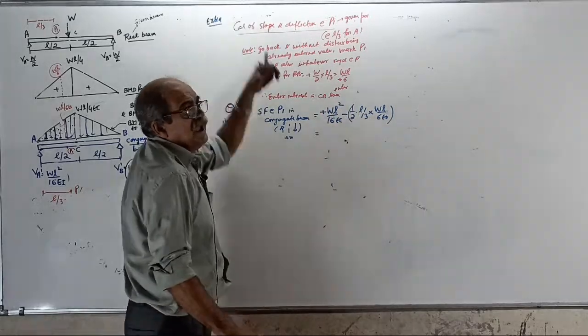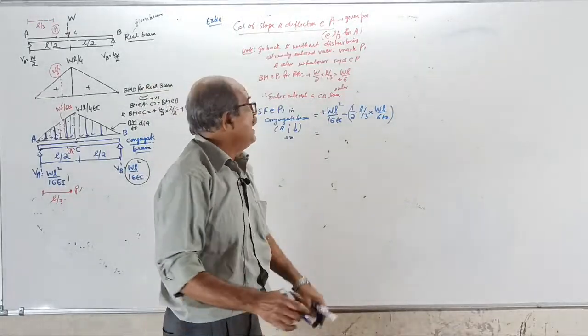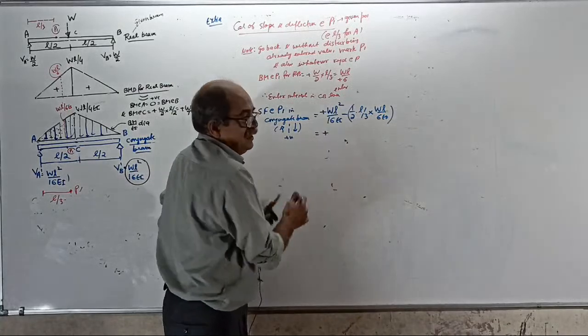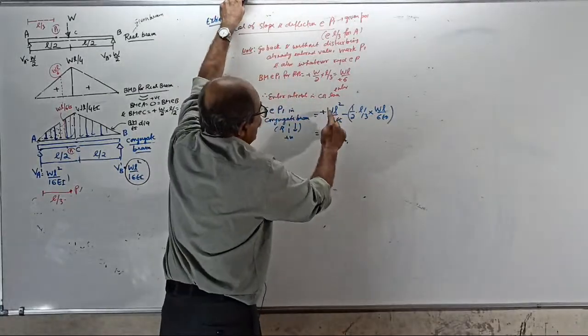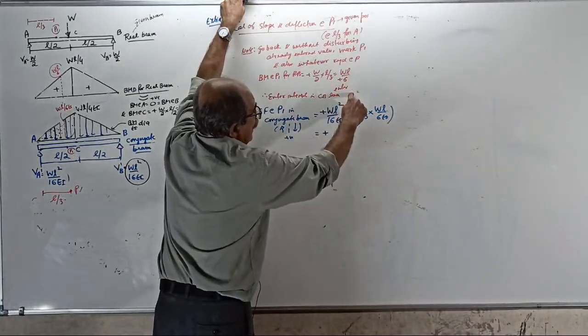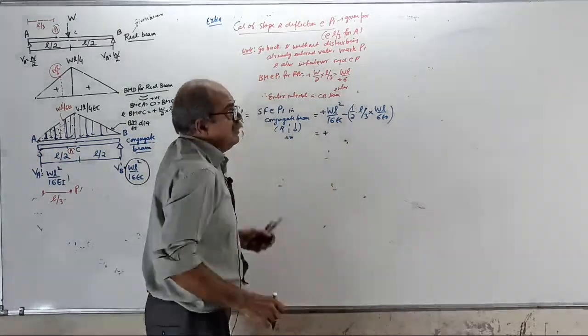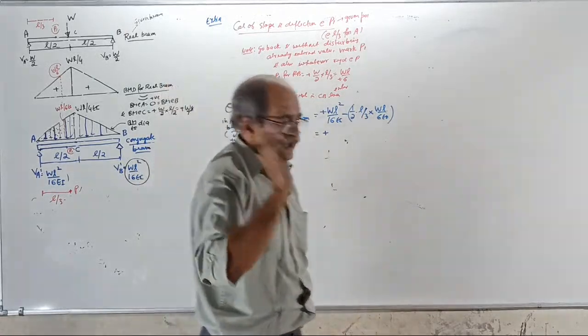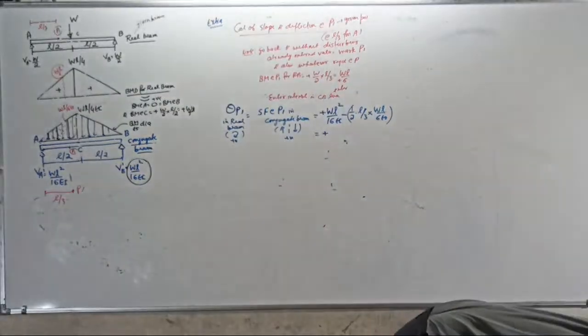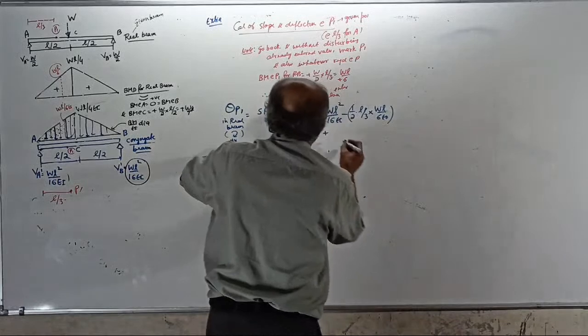Tell the answer. WL square times 1 by 16 minus 1 by 36. Take your calculator. 1 by 16 minus 1 by 36. Answer, fast: 5 by 144.